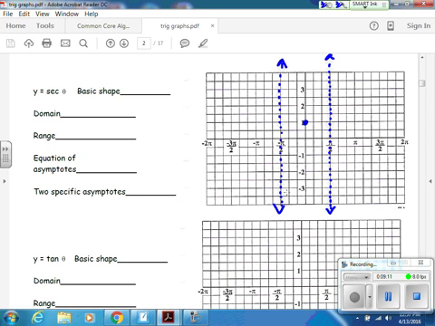Why is 3 pi over 2 undefined? Because cosine is 0. How often is this happening? Every 180 degrees we're getting undefined. We're getting an asymptote.